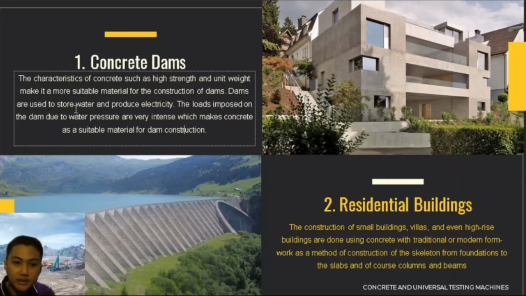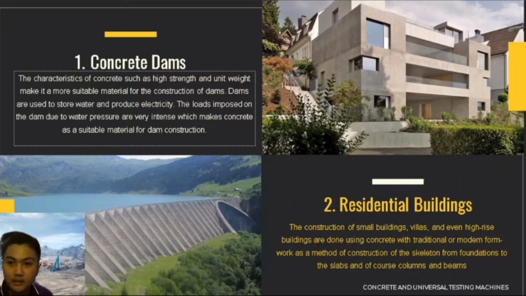Dams are used to store water and produce electricity. Tama. The loads imposed on the dam due to water pressure are very intense, which makes concrete a suitable material for dam construction.